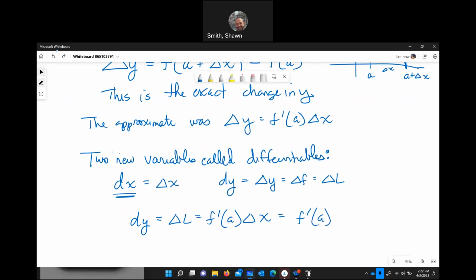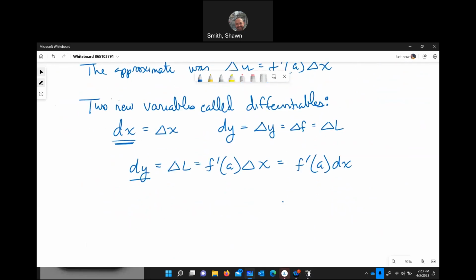So all this is just making substitutions in notation. That's all it is. So therefore, this equals this. So dy is equal to f prime at a times dx.